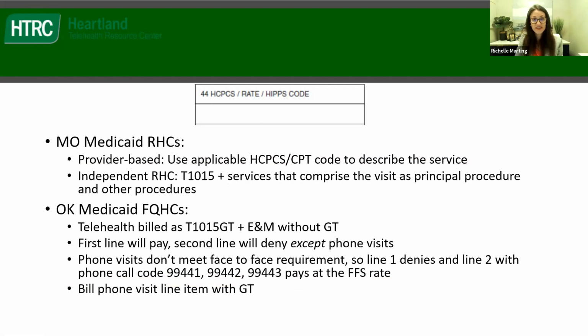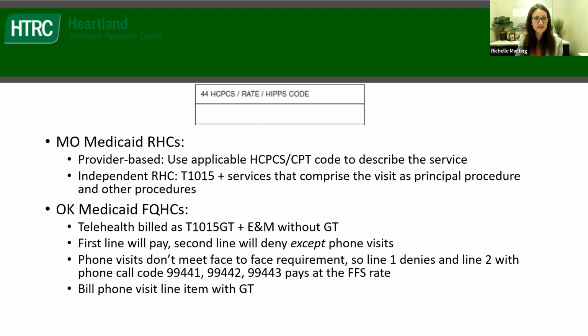Still on the HCPCS code field, for Missouri Medicaid rural health clinics, kind of switch gears in your brain now. If you are a provider-based rural health clinic, so you're operating as an outpatient department of a hospital, then you're going to use the HCPCS code that actually describes the service you have provided in this field 44.